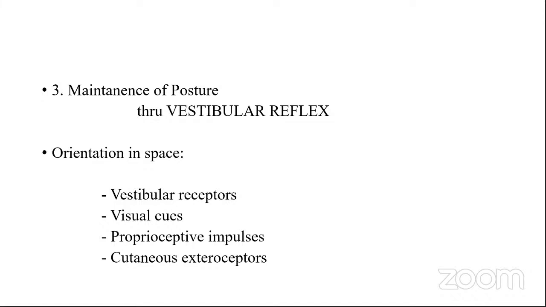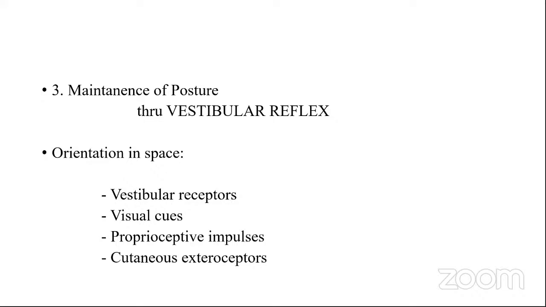Now, maintenance of posture, this is by vestibular reflex. Then orientation in space. It is mostly due to the function of the vestibular receptors, visual cues, proprioceptive impulses, and cutaneous exteroceptors.